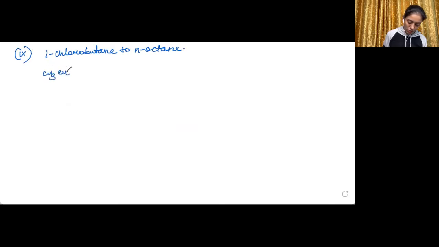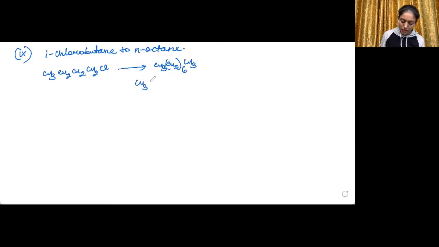So CH3, CH2, CH2, CH2Cl, CH3, CH2. I'm just writing it in short form. We can write it like this also. Or for you, I can write it so that I can explain it better. So it has 8 carbons in the chain. Hope I have drawn all the 8. 1, 2, 3, 4, 5, 6, 7, 8. Right.